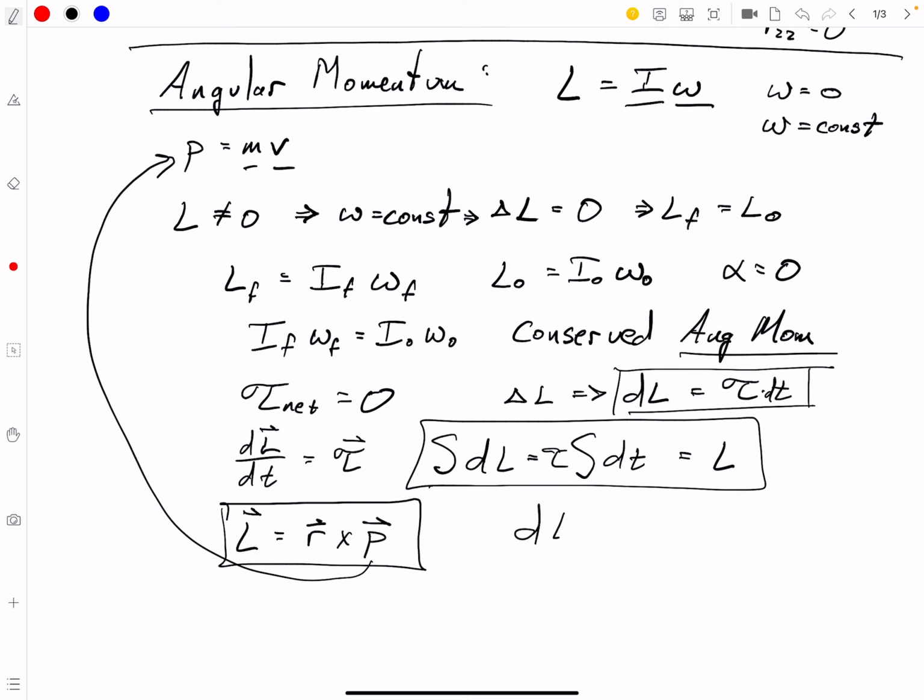But if dL/dt is equal to 0, then we are conserving angular momentum.